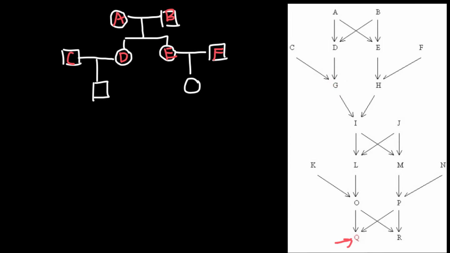We see that individuals G and H each contributed 50% of their genetic makeup, so I is their child. So here is G and here is H, and they have a child, so I would put a double line here.